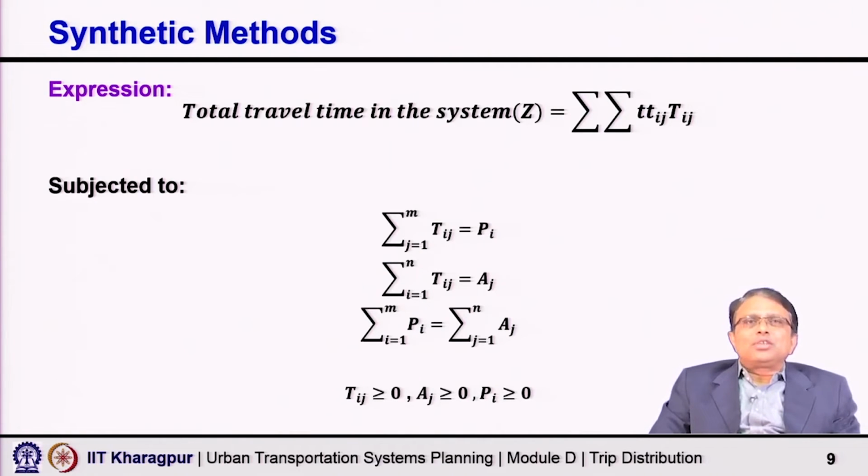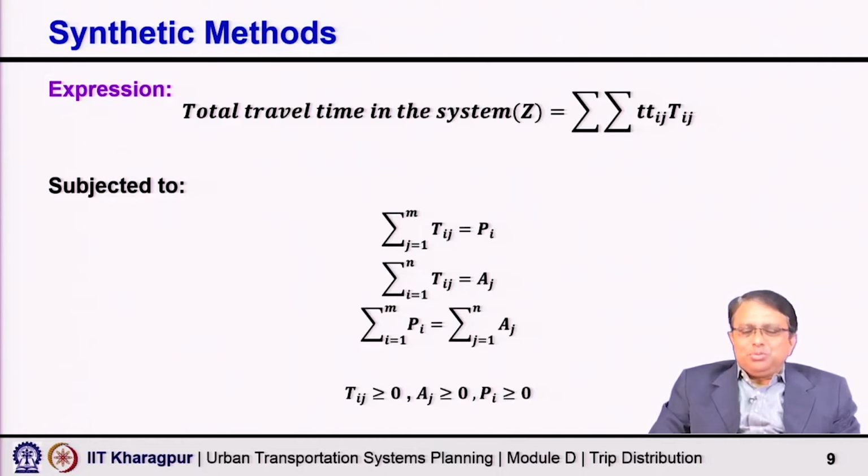So, that is the total travel time that is getting minimized. The travel time and the number of trips between i and j, that product is the total travel time for people travelling between i and j. Like that, consider all the i and all the j.